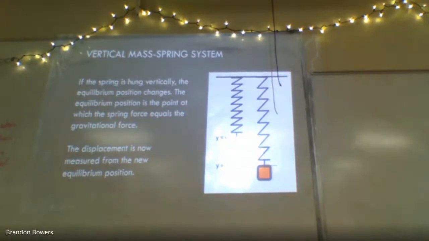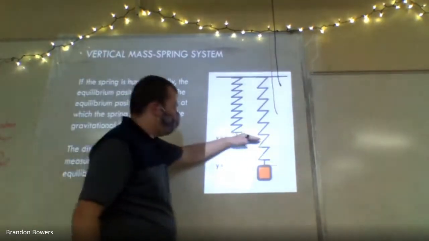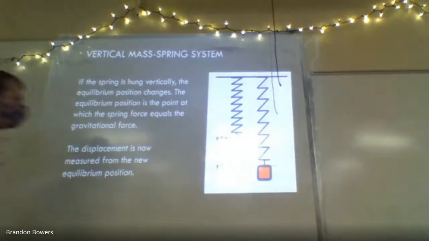Okay, so vertical. If the spring is hung vertically, the equilibrium position changes. The equilibrium position is at the point at which the spring force equals the gravitational force. That's kind of key, actually.